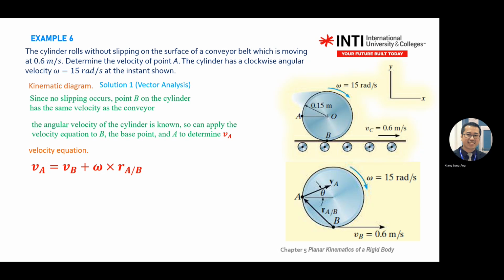R A/B? 0.1 is what? Radius. Is R/B the radius? Okay, so what is R A/B? How do you turn it into the vector of R?